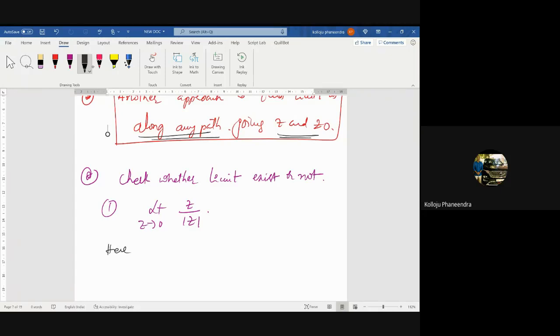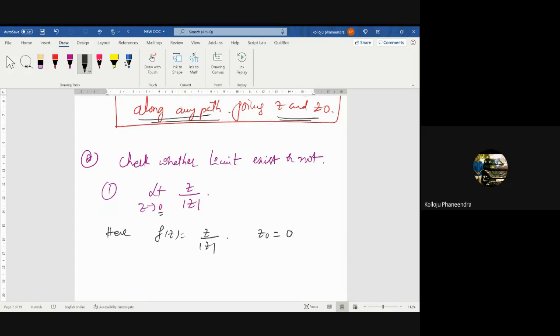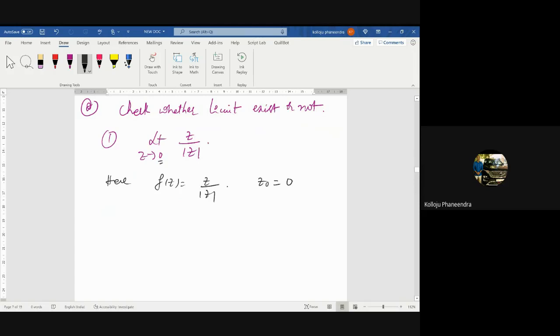Here, f of z is z by mod z, and z naught is 0. Z tends to z naught, where z naught is 0. Right? Now, take two paths, any two different paths.